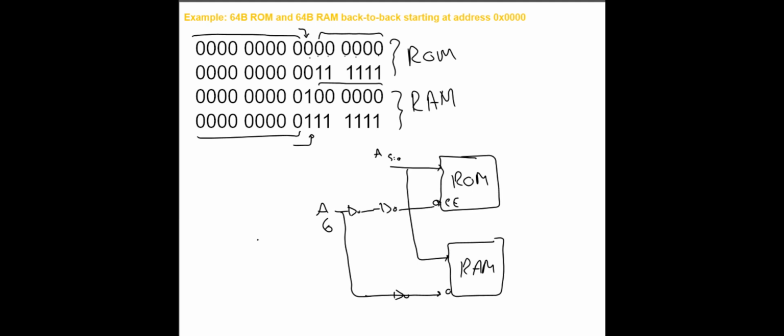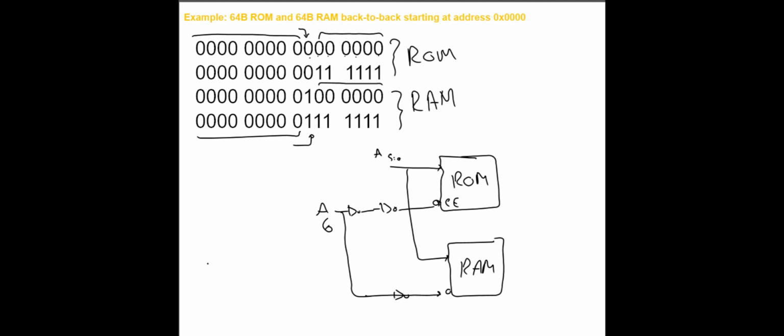And on top of that, if I'm using full address decoding, that means I have to worry about the remaining bits. So you have A7 all the way to A15. A7, I need more space.